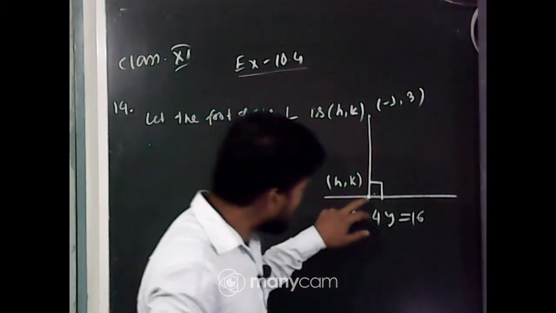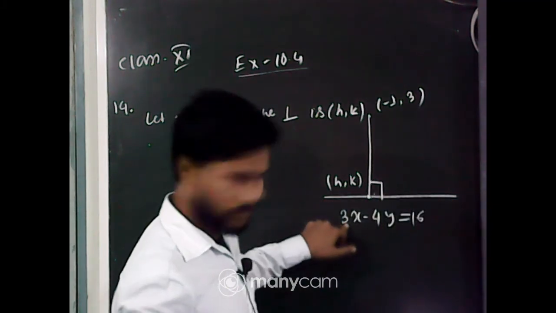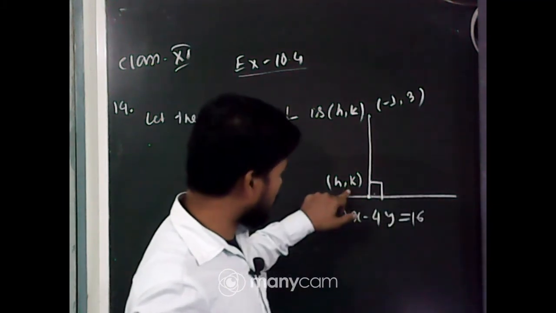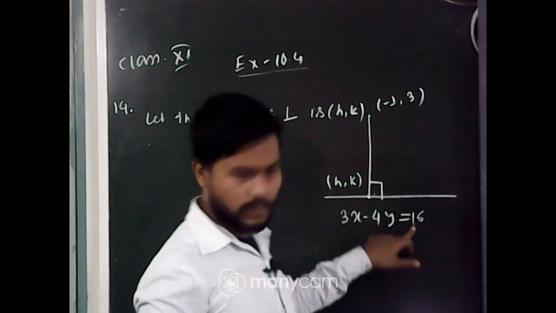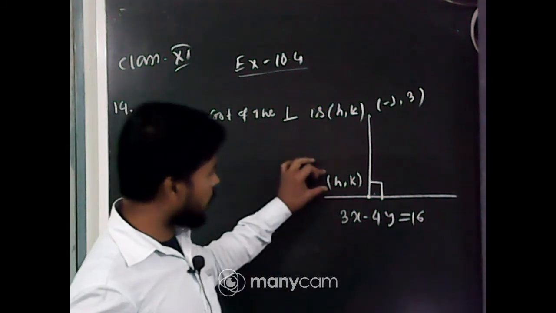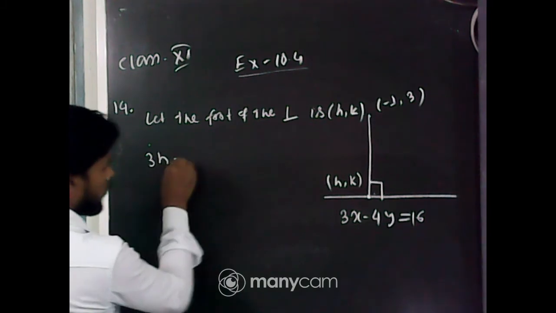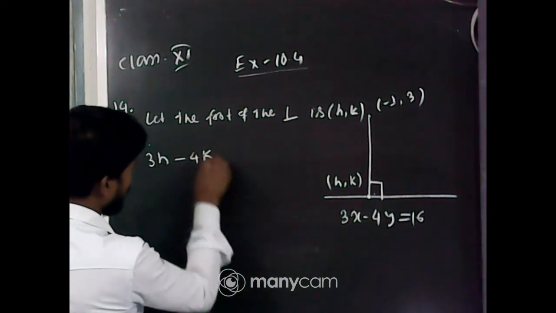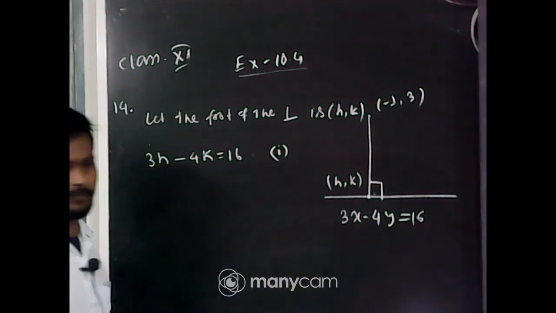Now look, this point (h, k) lies on the straight line 3x minus 4y is equal to 16. That means this straight line will be satisfied by this point. So we can write 3h minus 4k is equal to 16. This is our equation number 1.